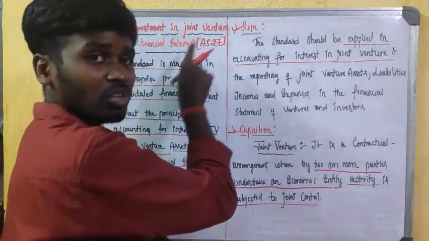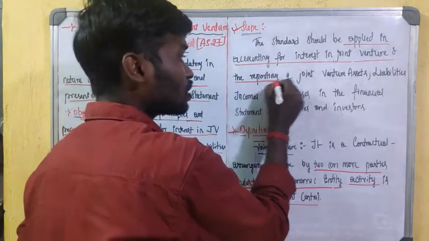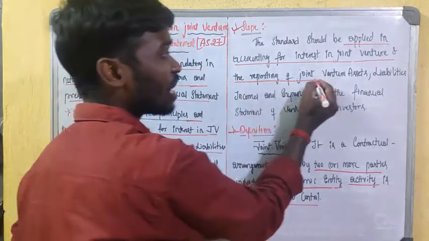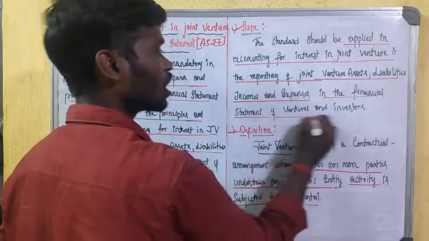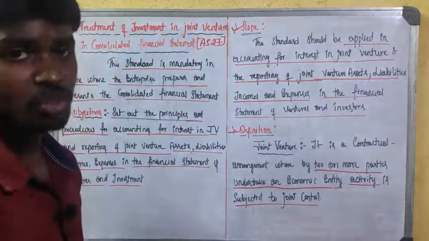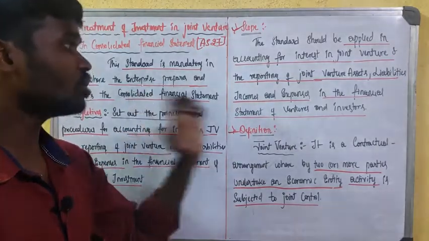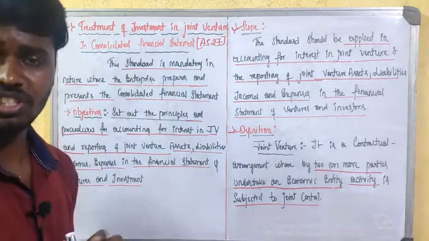Then this accounting standard is a must. And also this accounting standard 27 is applicable for reporting the joint venture assets and liabilities, incomes and expenses in the financial statement of the venture and the investment. So it is similar to the objectives. Okay, so these are the information related to joint venture.